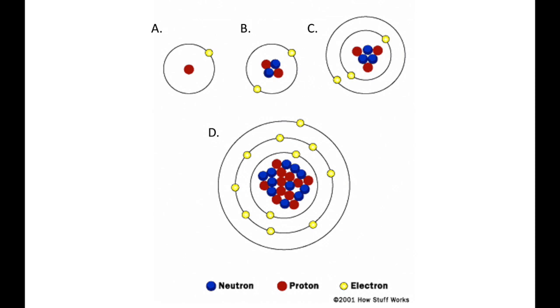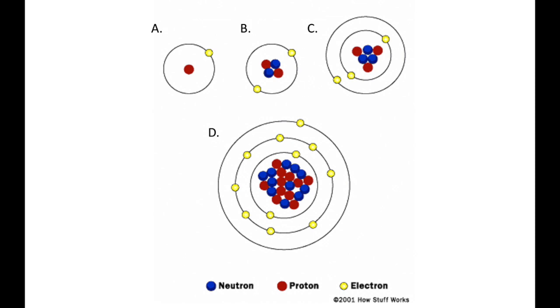So on to letter C. Okay, you see that one there? And you say it is lithium, right? Lithium, 3 protons, and lithium is number 3. Okay, so now let's do letter D. Letter D has quite a few more protons, neutrons, and electrons.